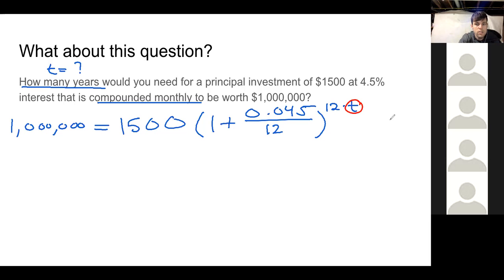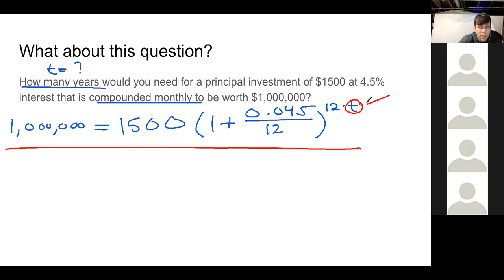Let's go 300 years. All right, 300 years is sort of close, but it's also too big. So kind of narrowing down on it, but obviously you can see that guessing is not a great way to do this.